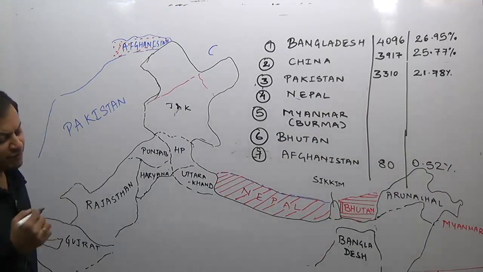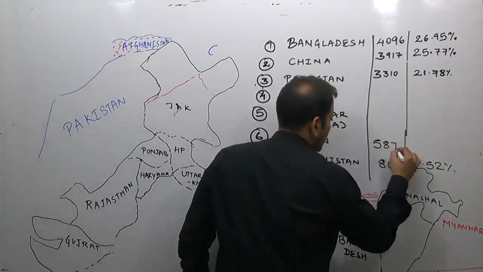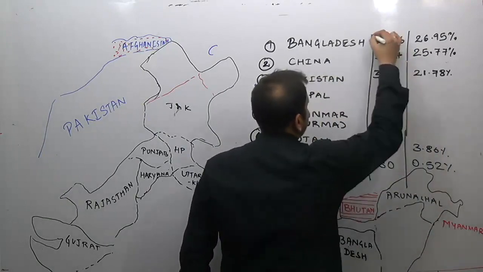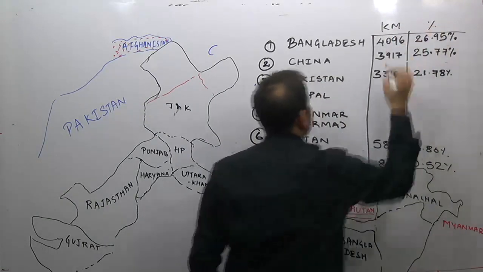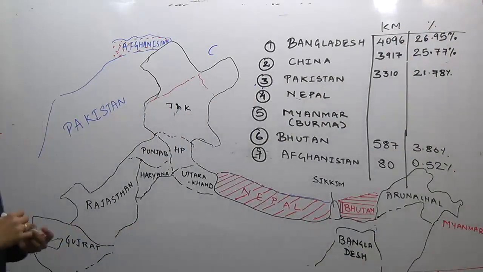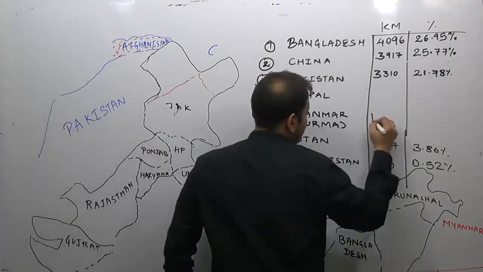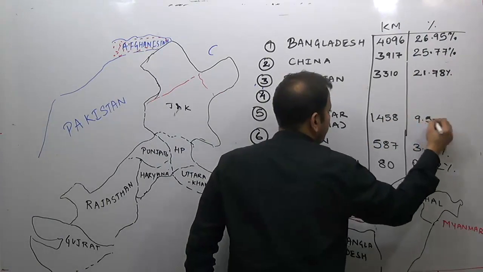With Bhutan we have 587 kilometers, which forms around 3.86%. With Myanmar, we share around 1458 kilometers, which forms around 9.59%.